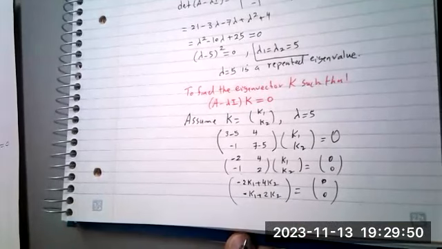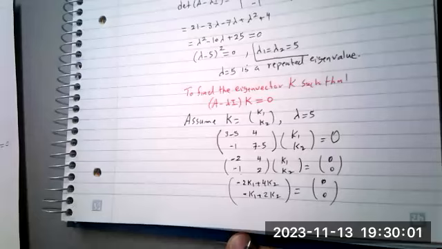We talked about it: two matrices are equal to each other if their corresponding entries are the same. When you write it down, you get only one equation. It's two equations, but both of them are the same. So your system will be dependent and you get infinitely many solutions all the time.